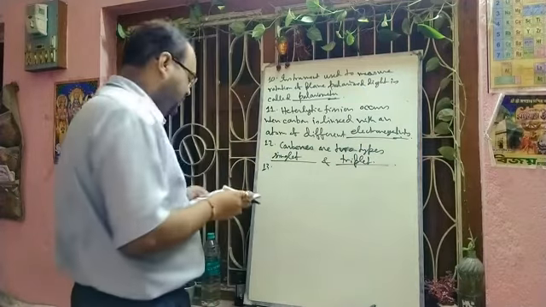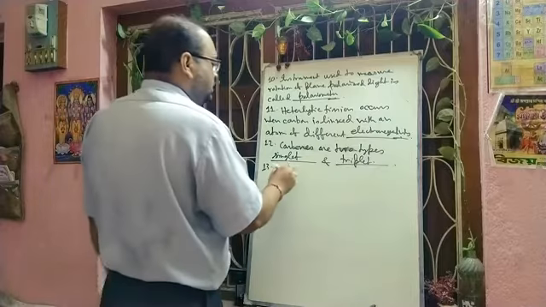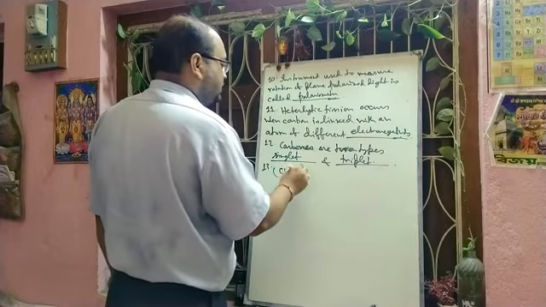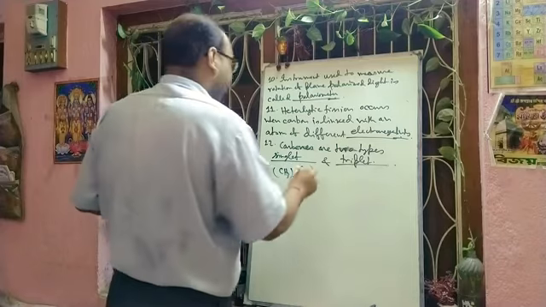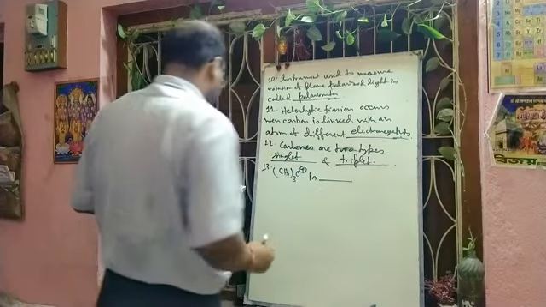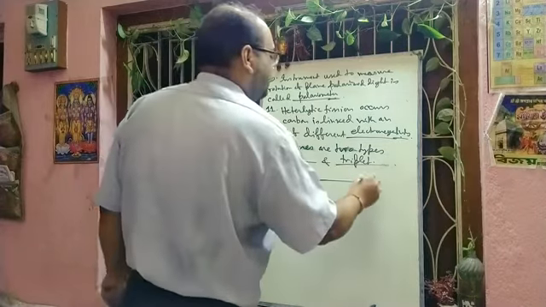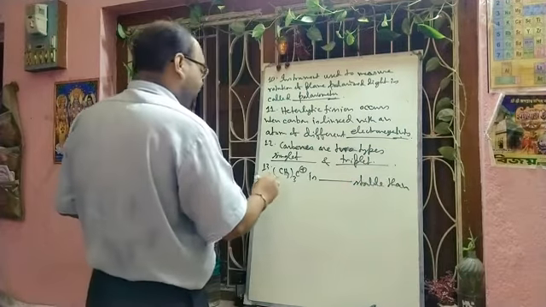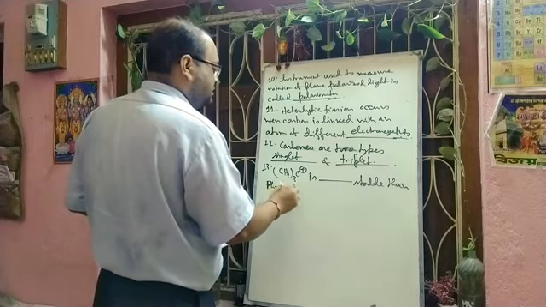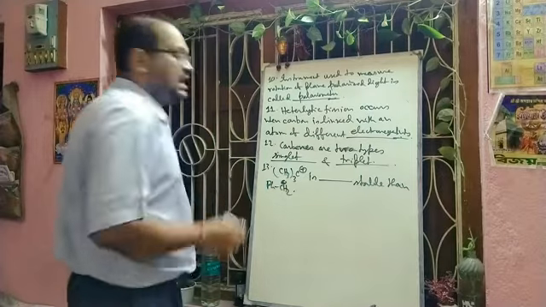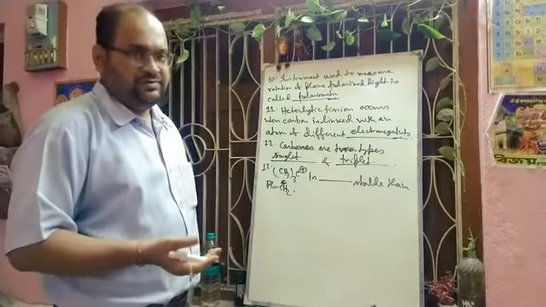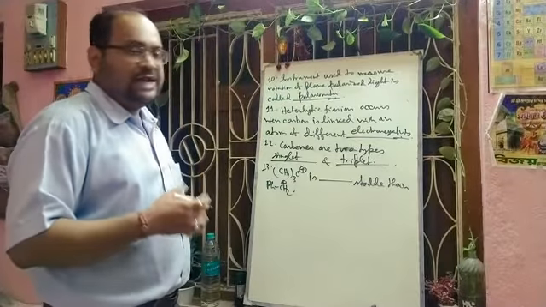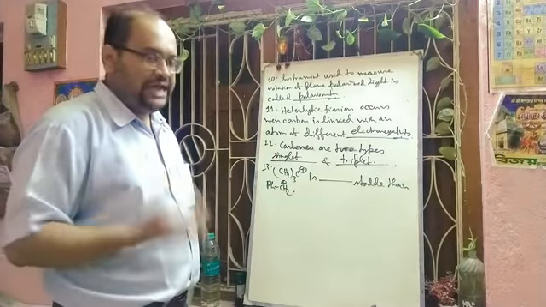Next, question number 30. (CH3)3C plus is dash stable than PhCH2 plus. Definitely tertiary carbocation is more stable, because here is the 3 plus I effect of the 3 methyl groups as well as 9 hyperconjugation.